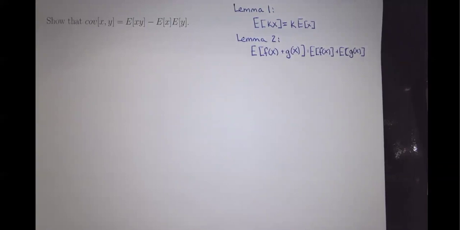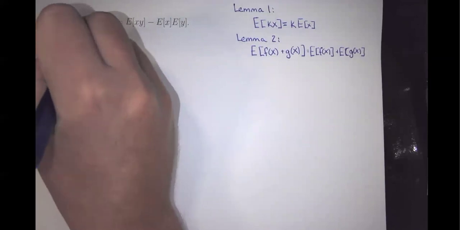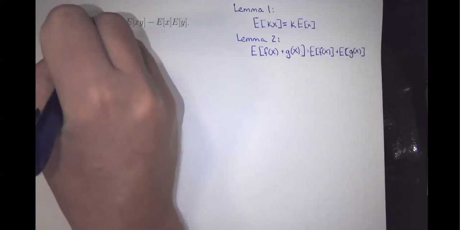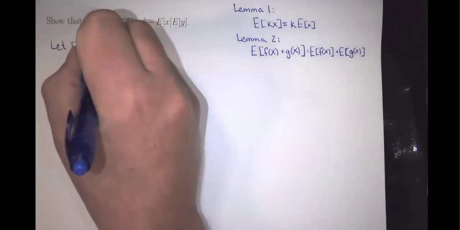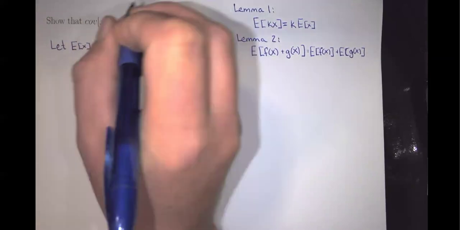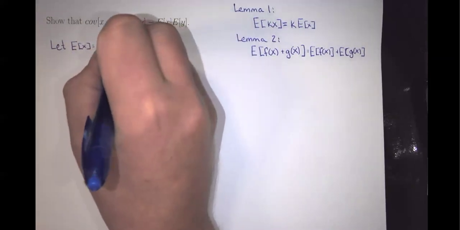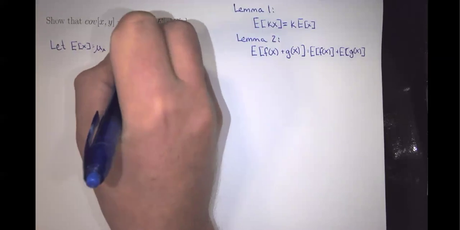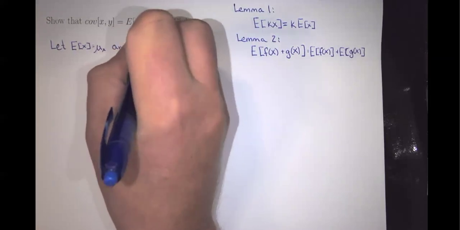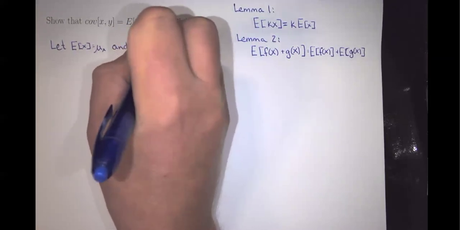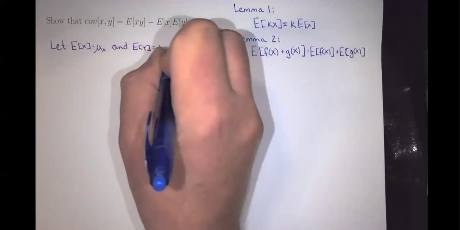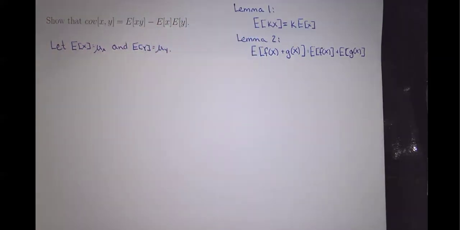Okay, so let me begin by saying let the expected value of x be mu x, and the expected value for y be mu y.